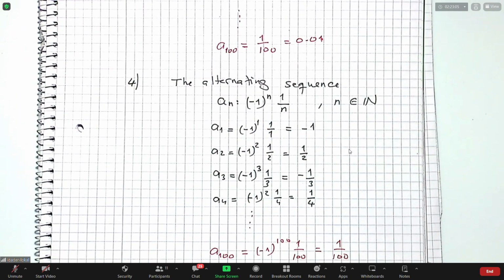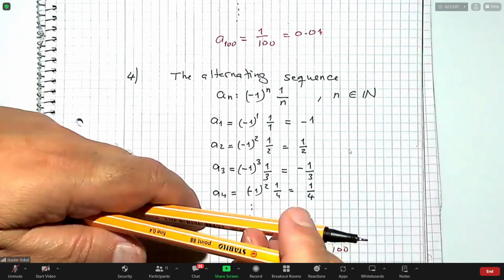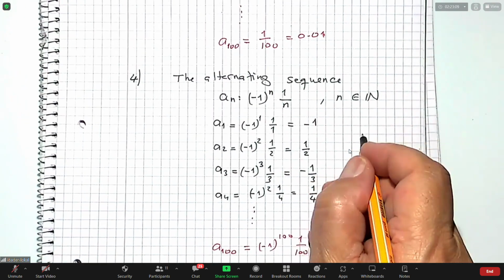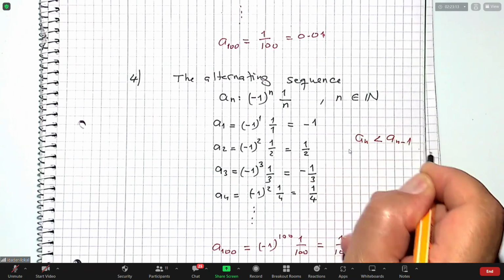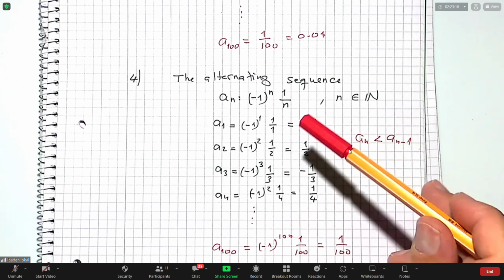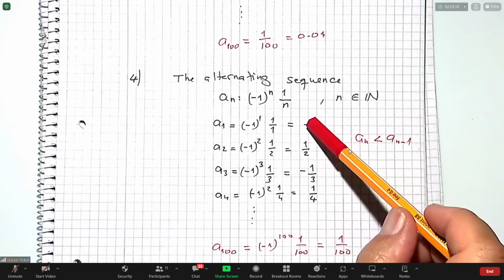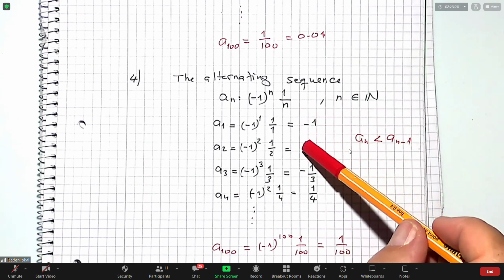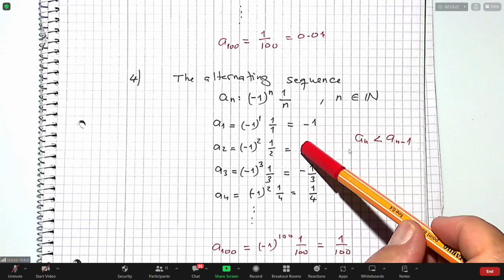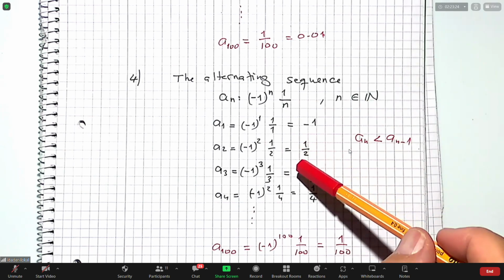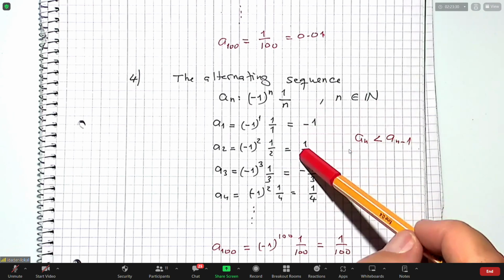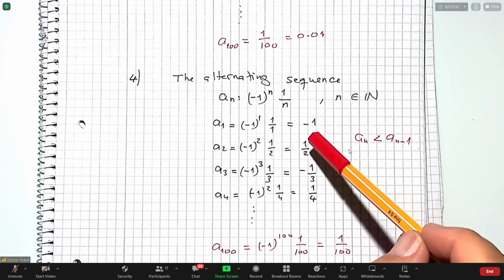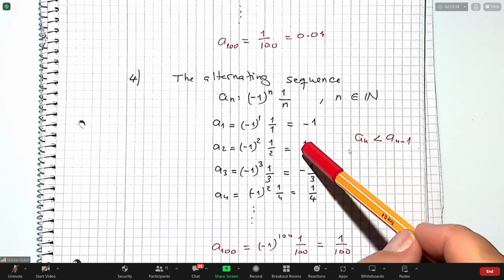Now, if you ask yourself, in general, do we have An is less than An minus 1? So for instance, here you have -1, then you have 1/2, then -1/3. So obviously here it stops. So -1 is not less than 1/2.